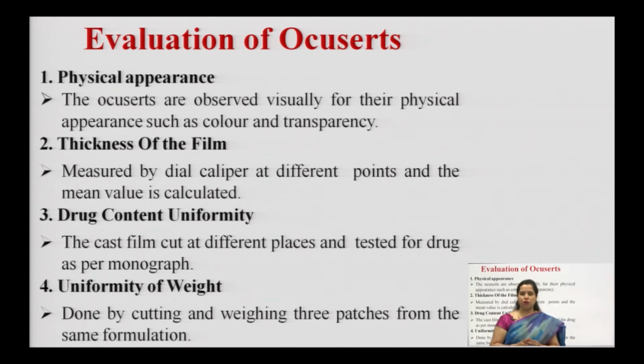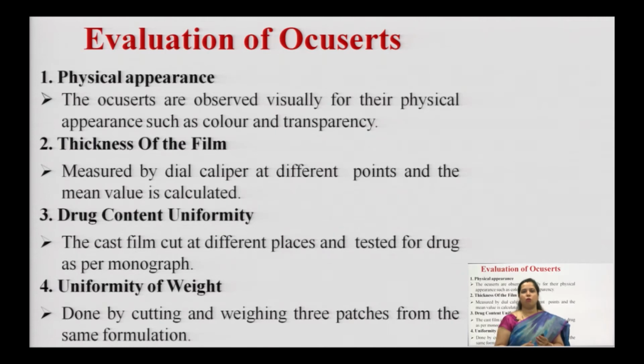Now, uniformity of weight. There are various batches which we prepare at industrial scale. So, we need to always remember that the weight of the ocuserts prepared in a batch should be uniform enough. Otherwise, if the weight is not uniform, the amount of drug going into each individual ocusert may vary.